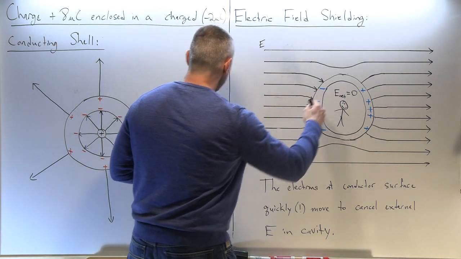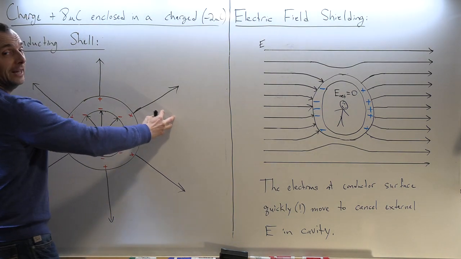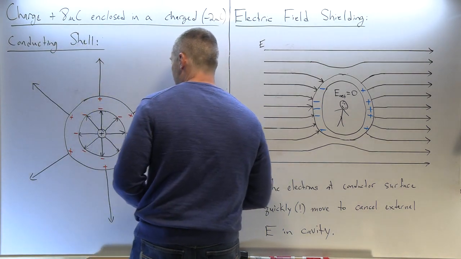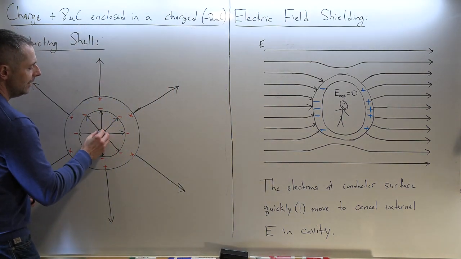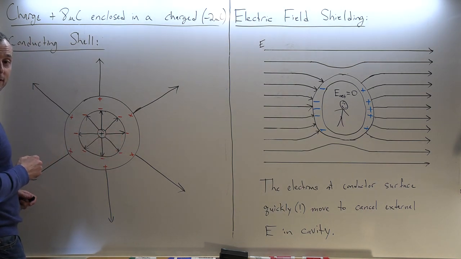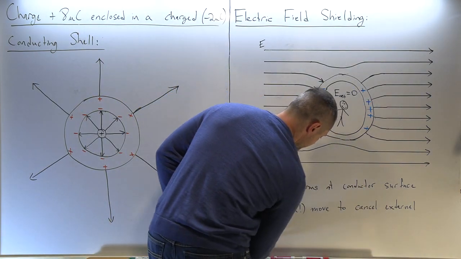What's going on inside ends up shielded from the outside. And so I'm going to do one more diagram. What happens if I were to take this charge and displace it so it's no longer in the center? Let's see what happens there.